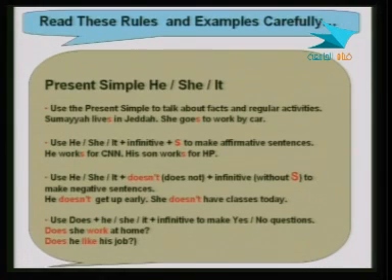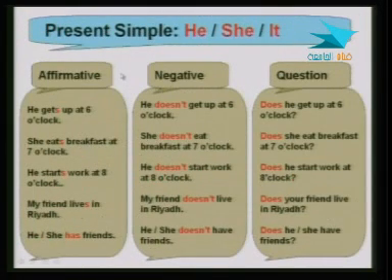Okay, this slide also gives us more examples with the use of he, she, and it. Again, we can make affirmative sentences and negative ones, and we make questions in this part of the slide. He gets up at 6 o'clock. He doesn't get up at 6 o'clock. Question: does he get up at 6 o'clock?